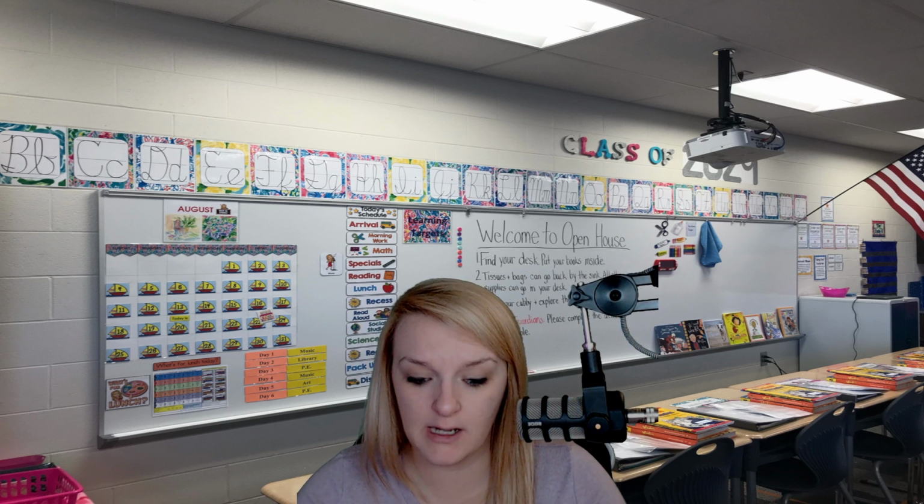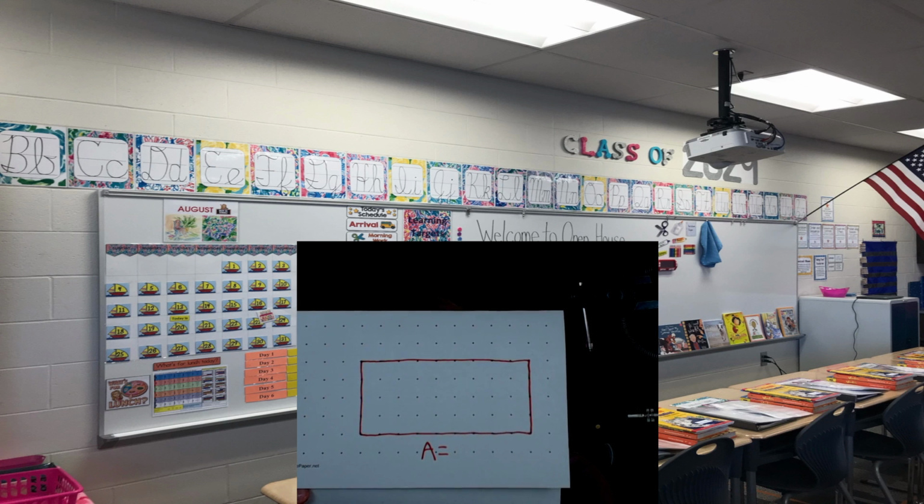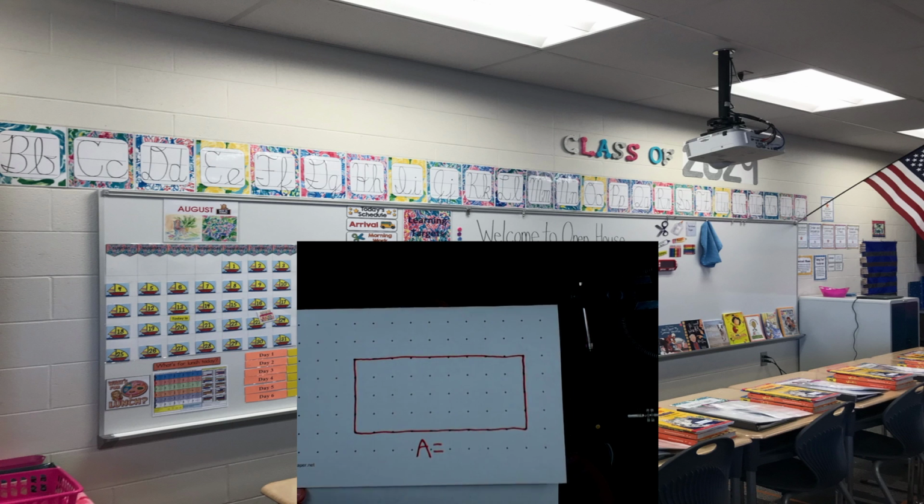Okay. We're going to try another one on dot paper, but this one is a rectangle. So if you don't like drawing the lines and connecting them, count down the side, across, and do length times width. You could draw a rectangle on your paper like this and label. So, draw a long or a wide rectangle that's not very tall.